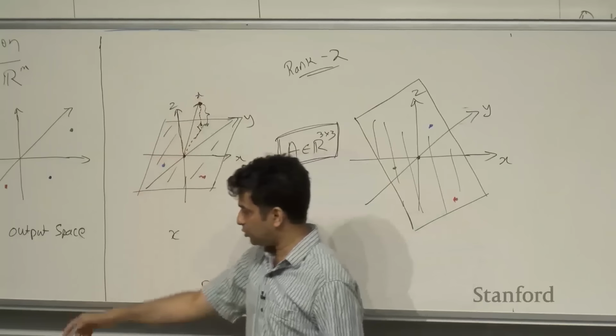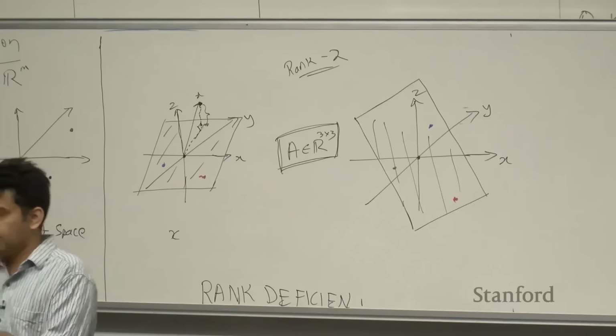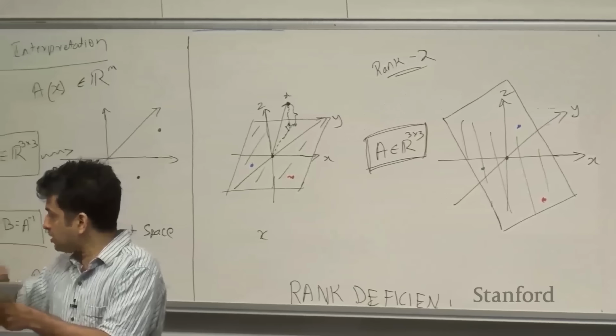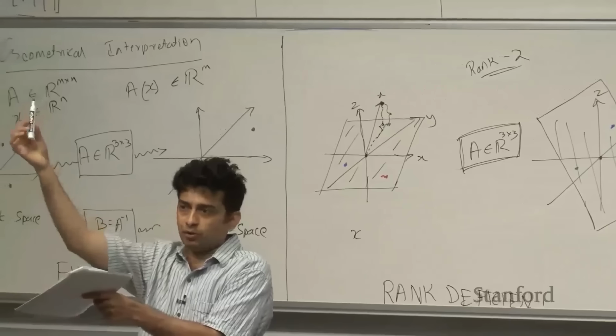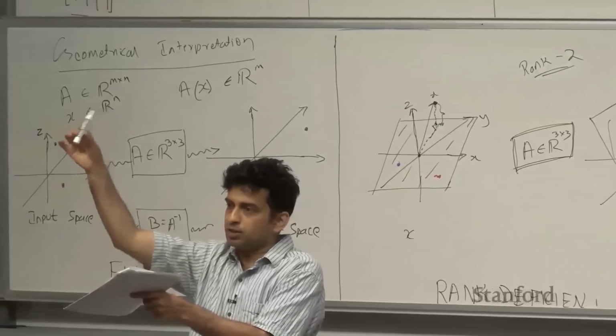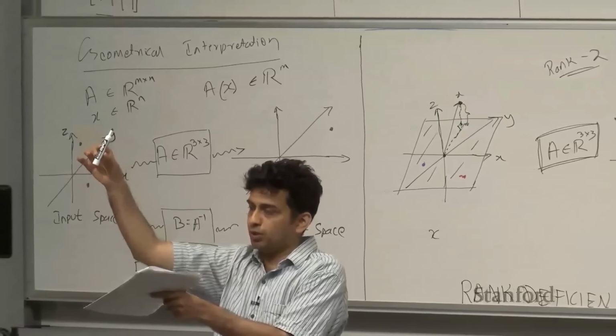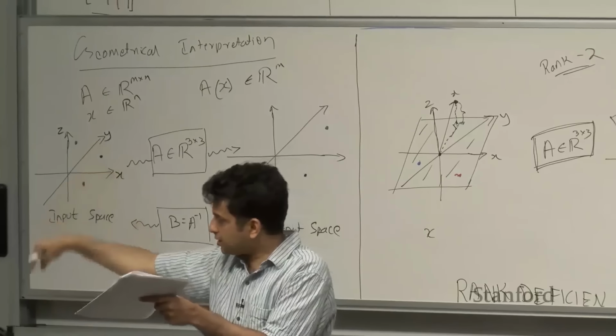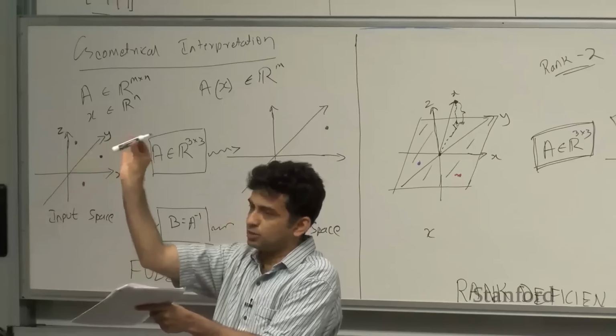Which means assume the origin is in that corner, and this is a two-dimensional subspace that passes through the origin, and we have a point over here. This point is represented by a vector that starts at the origin and ends at this point.